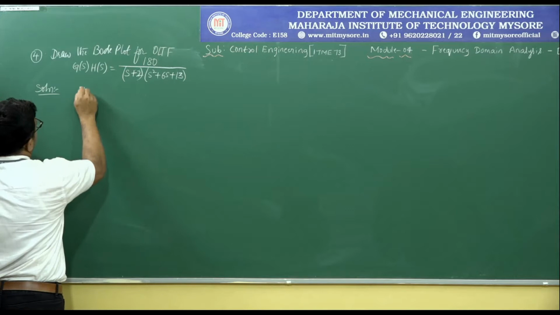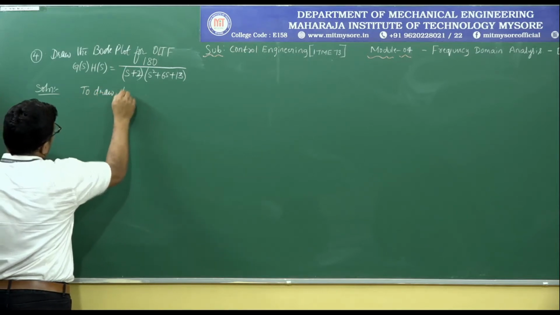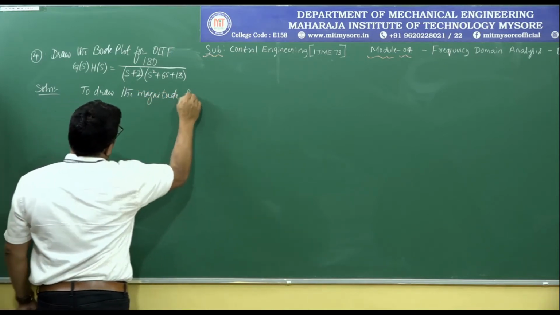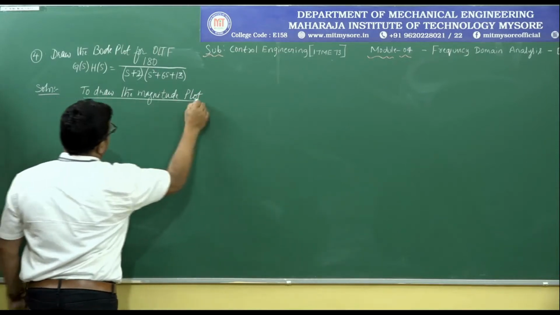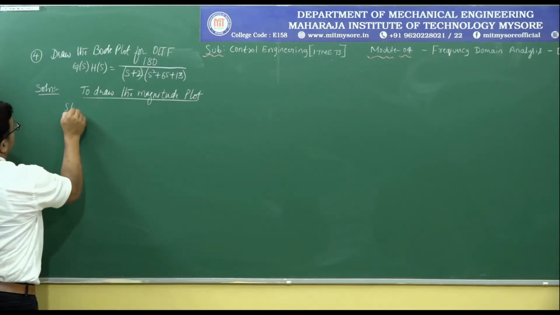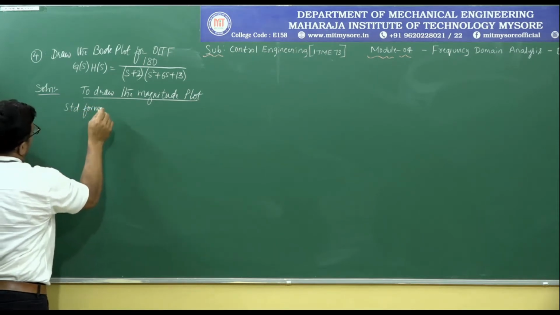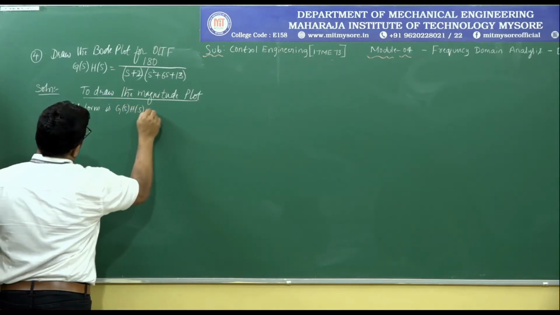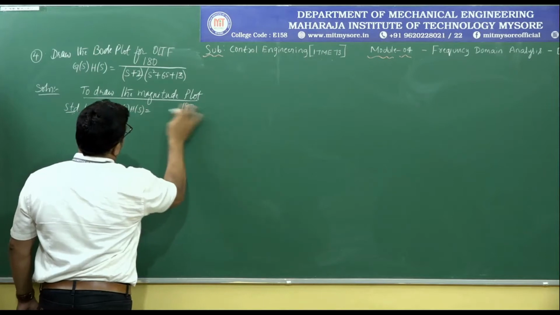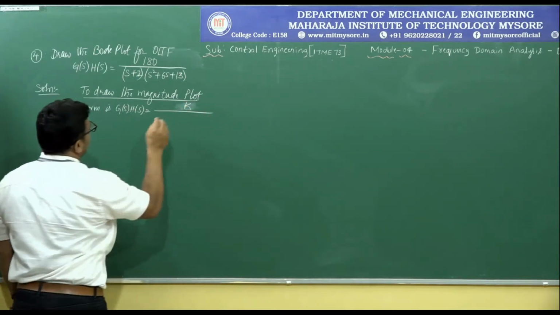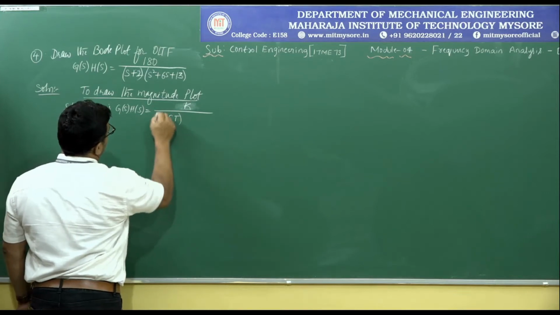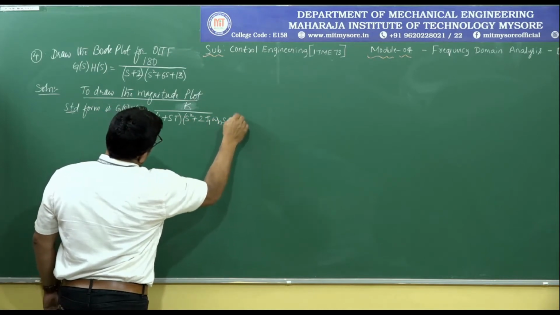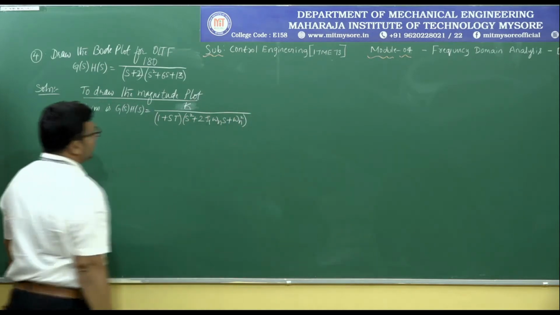To draw the magnitude plot, the standard form is G(S)H(S) is equal to 180 K divided by 1 plus ST into S square plus 2 zeta omega n s plus omega n square. This will be the standard form.